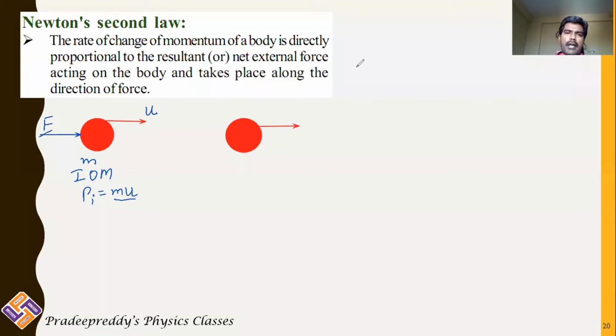As a result, what would happen? Definitely, when you apply some force on this body, its mass does not change, but its velocity does change. Velocity will now become v, the final velocity, without any change in the direction of the particle.